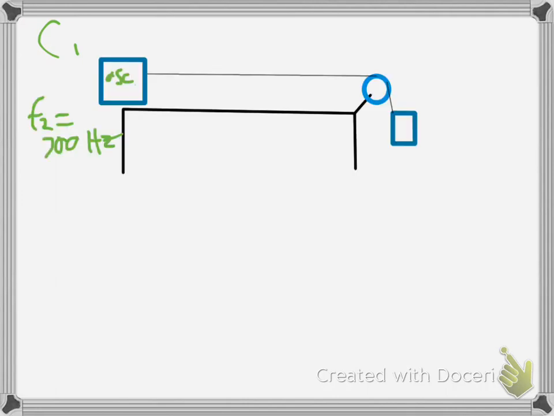Okay, part C. I will try to recreate this. Hold on. Okay, so here's part C. It says the frequency of the oscillator connected to string D, which had a fundamental frequency of 350 hertz, is changed so that now the string vibrates in its second harmonic. On the side view of the string below, mark and label the points on the string that have the greatest average vertical speed.